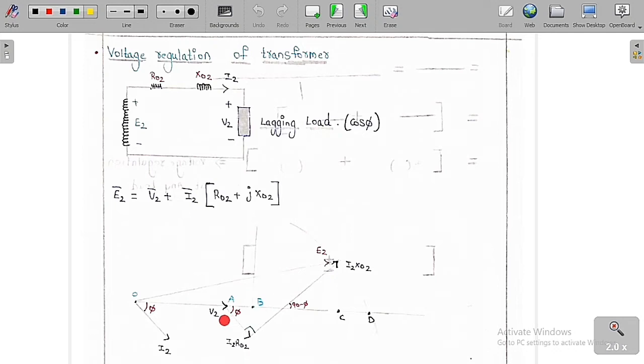So the voltage across the resistor, I2 into R0 of 2, and the current are always in phase, whereas the voltage and current across the inductor have a 90 degree difference. The current is going to lag the voltage by 90 degrees in an inductor. So this voltage is I2 into X0 of 2. If we add these three vectors, we get the overall vector E2.